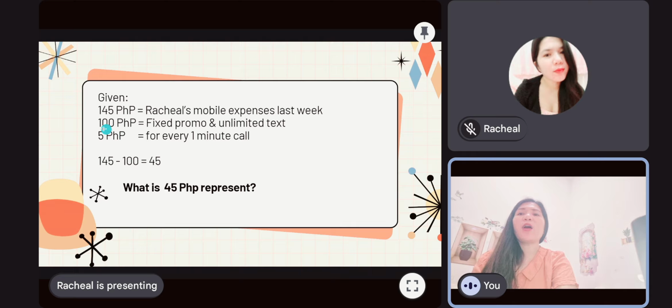So first, let's take out the remaining. Since 100 is the fixed cost, we have to subtract 100 from 145, which is the amount that she paid. 145 minus 100 is equal to 45. So the question, what does the 45 represent?